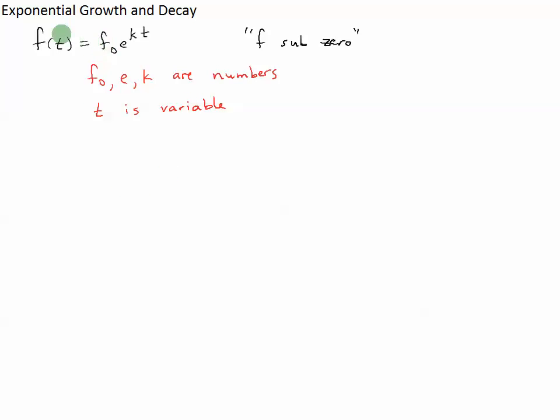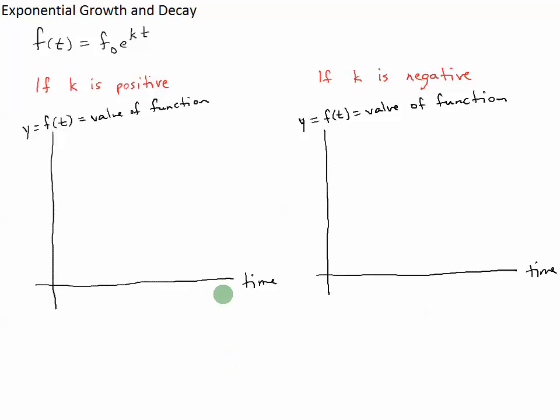So exponential growth and decay can be modeled with this function. We'll look at two different cases depending on the value of this k: one where k is positive, the other where k is negative. Here we're going to look at graphs of each of these. One where k is positive, I'll graph that here, and over here if k is negative.